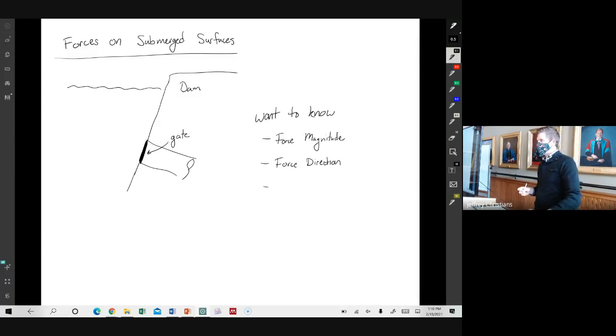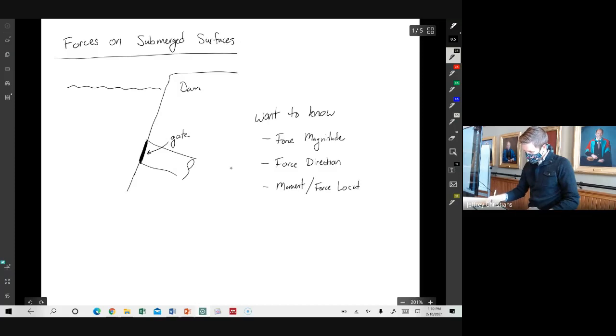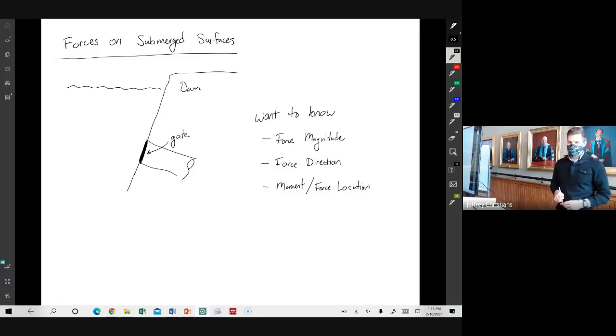And the moment about, say, a gate that opens and closes, maybe there's a hinge that's closing it. We might want to know the moment about that location. So the moment, or call it the force location, or the resultant force location.